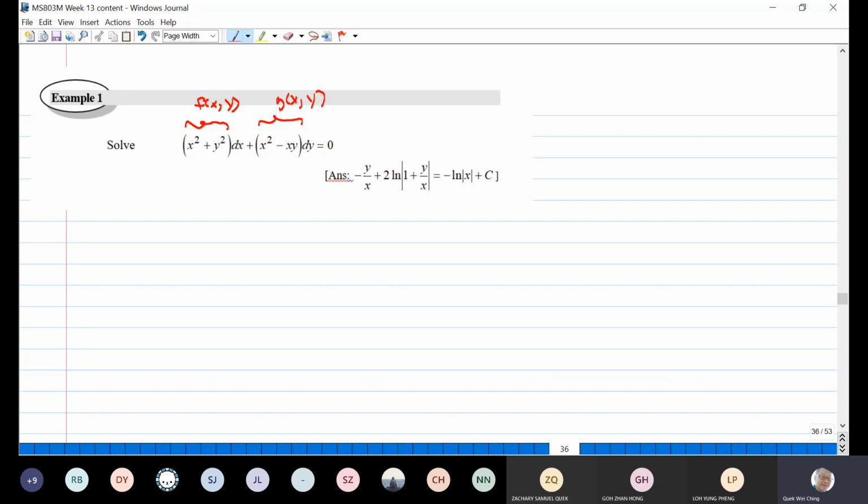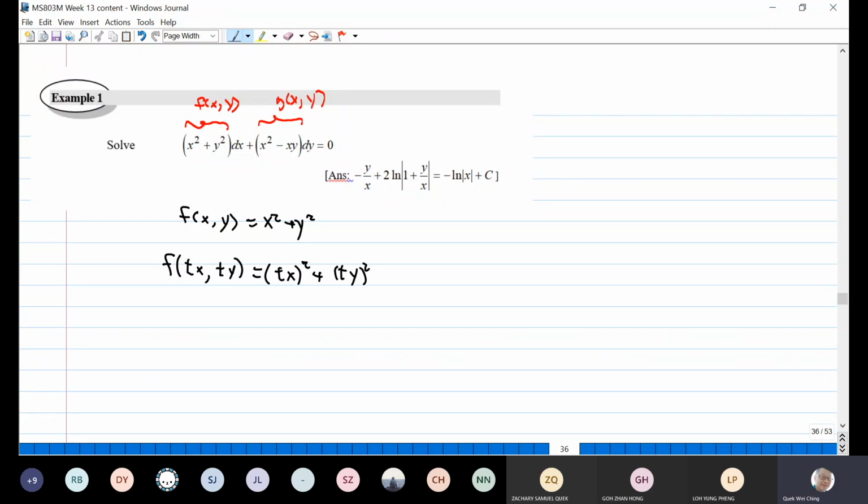How do you know this is homogeneous? So f of x y is equal to x squared plus y squared. Now you change x to tx and y to ty. So all the x change to tx, so you get tx squared plus ty squared.